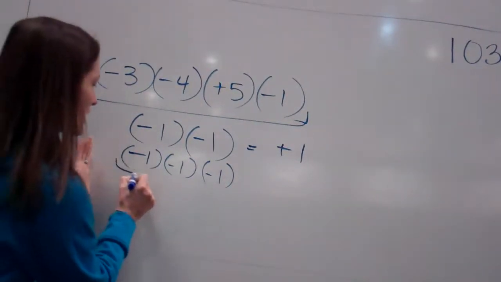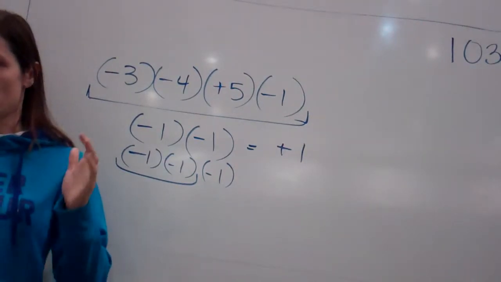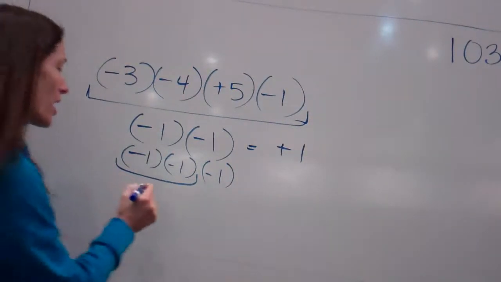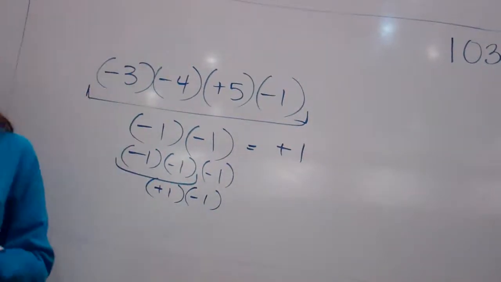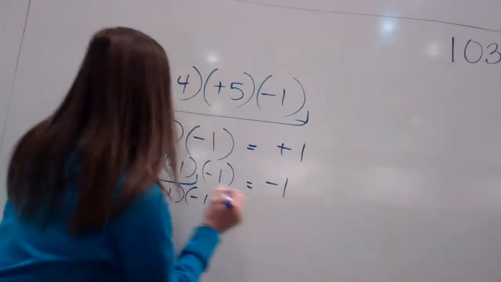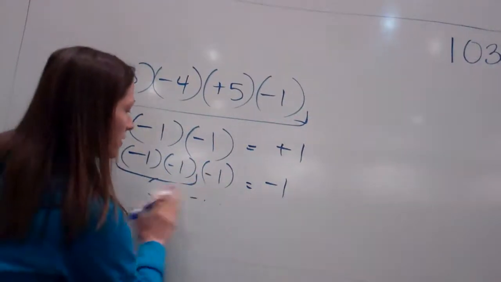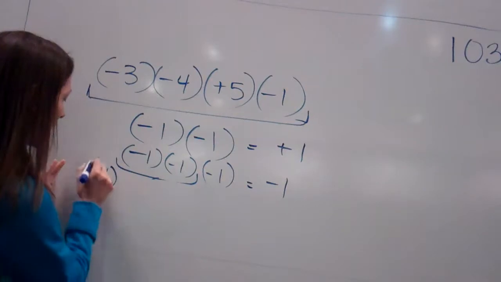Let's do these first two. Negative 1 times negative 1 makes a positive 1, and then we bring down the negative 1. So what would my answer be here? It would be a negative 1. So we see that 3 negatives made a negative 1. Let's keep going. I want y'all to see a pattern that I'm showing you.